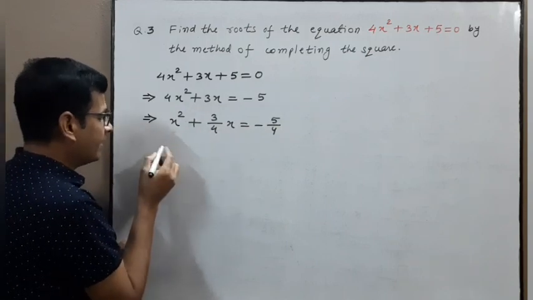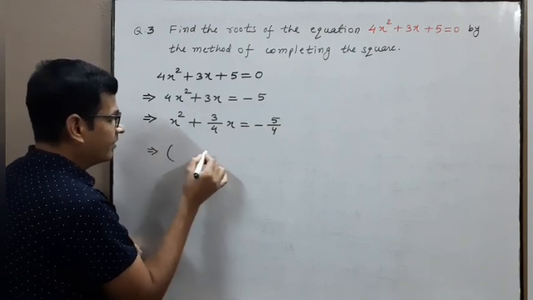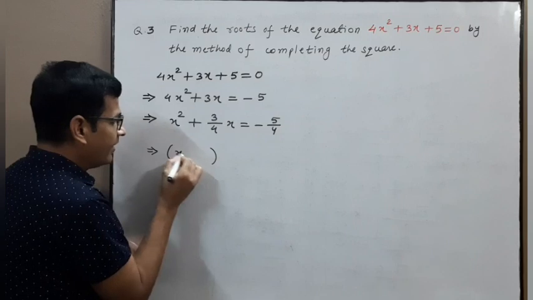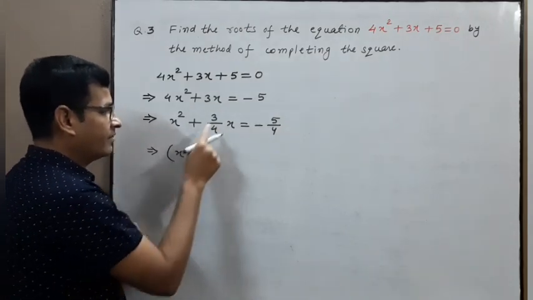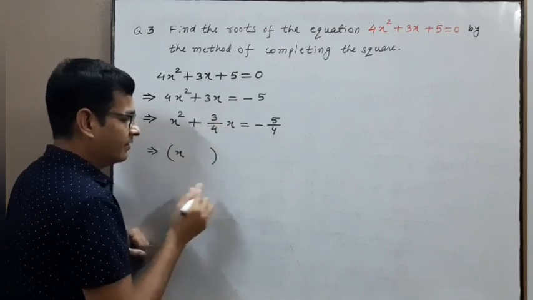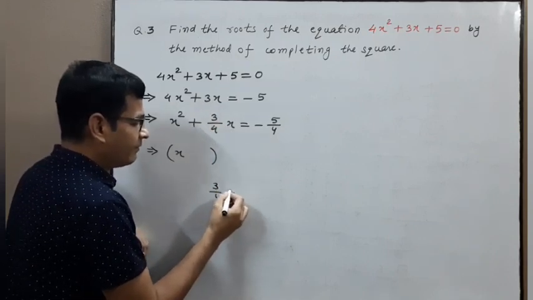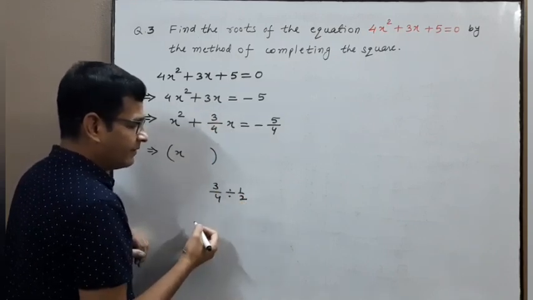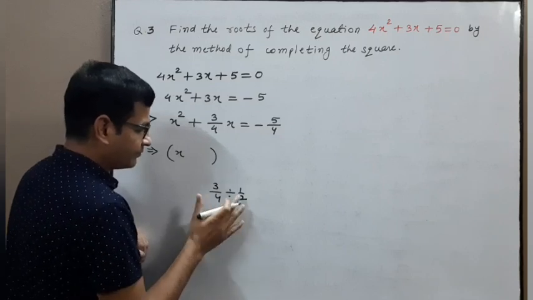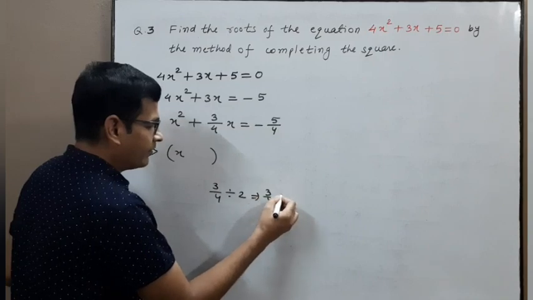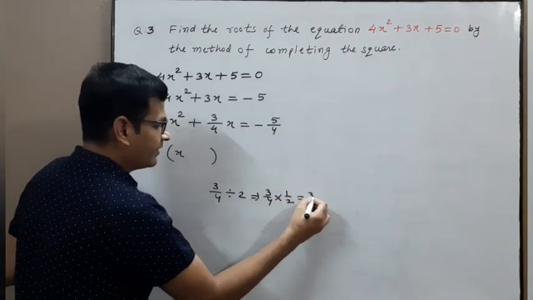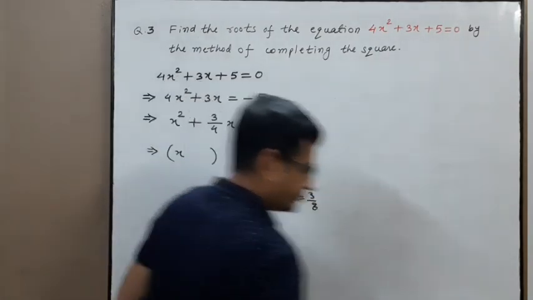Now there are two terms on the left hand side. In the first term x, and in the second term half of the coefficient of this. So tell me half of this. 3 by 4 divided by 2. So we get 3 by 4 into 1 by 2, so we get 3 by 8.